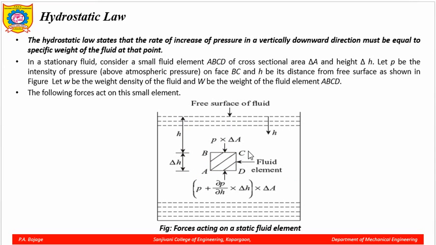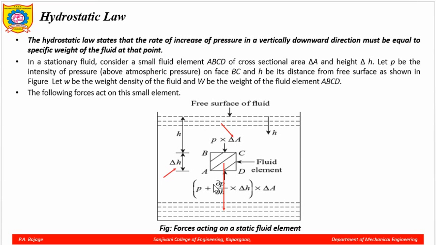Now, the next force acting is the weight. Weight also acts in the downward direction. So, weight is nothing but what? Weight density multiplied by the volume. Weight density we denote by W, multiplied by the volume. So, how to calculate volume? Volume is nothing but the area delta A multiplied by the height.